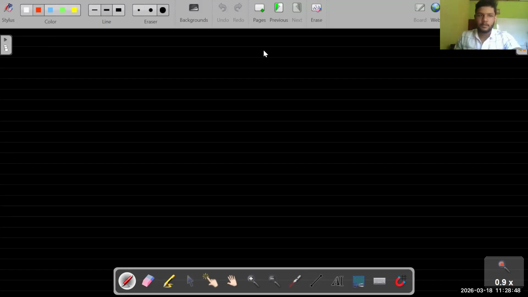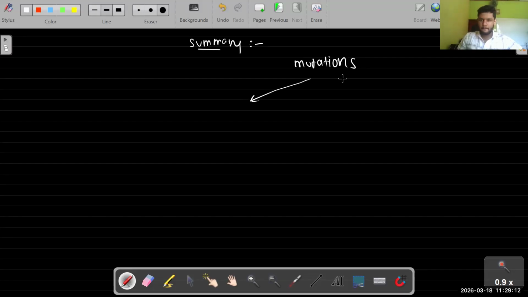First, we started with mutation. This is the summary, a flow chart type. Mutations are how many types? Two types. First one is gene mutation and then chromosomal mutation.